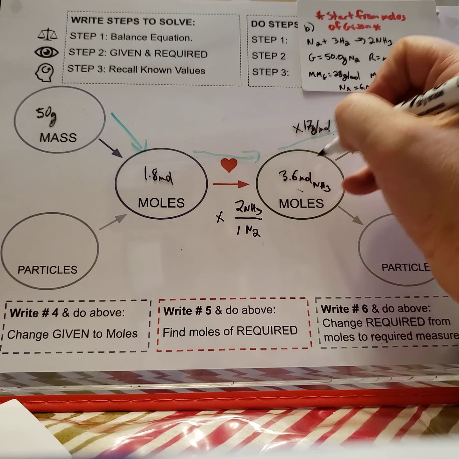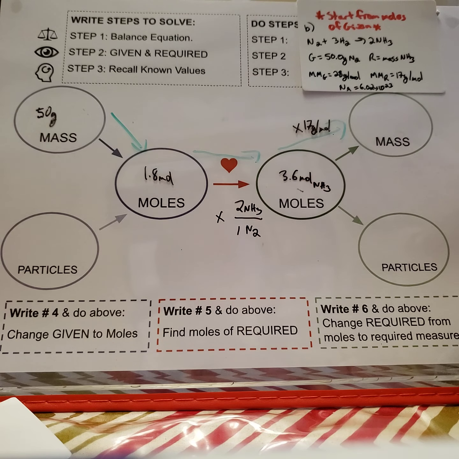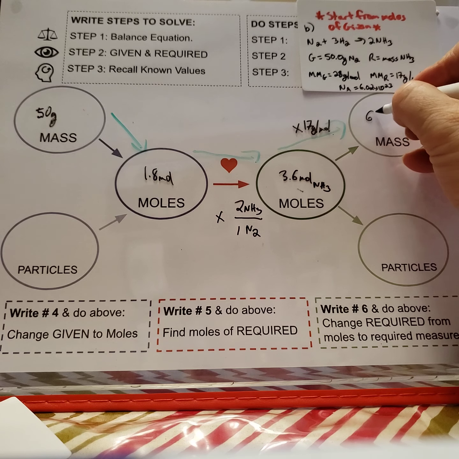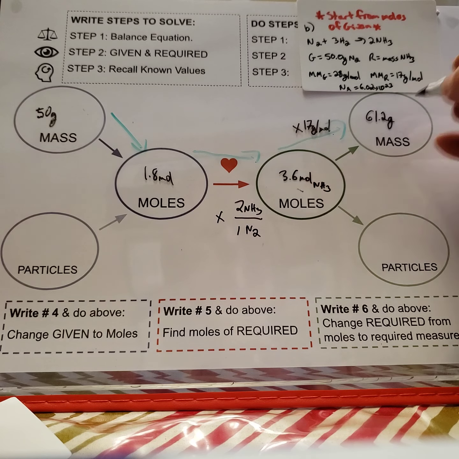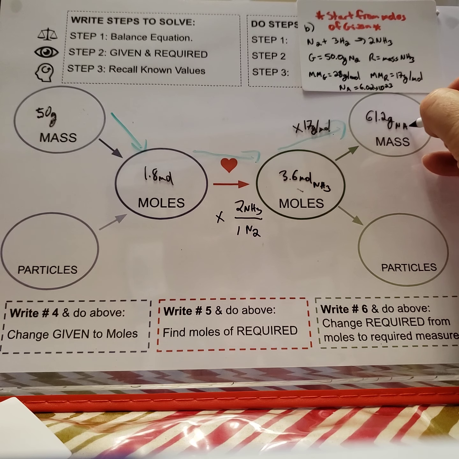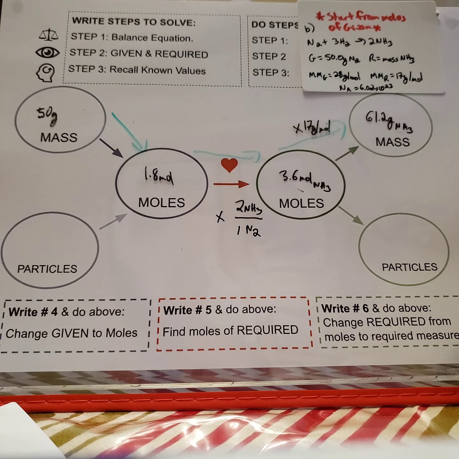That's the molar mass of ammonia, 3.6 times 17, and we're going to end up with 61.2 grams of NH3. And again, do your therefore statement because it shows that you know what you started with and what you finished with. And you can identify that 61.2 is in grams and then it applies to ammonia. So you want your therefore statements to include all that information.